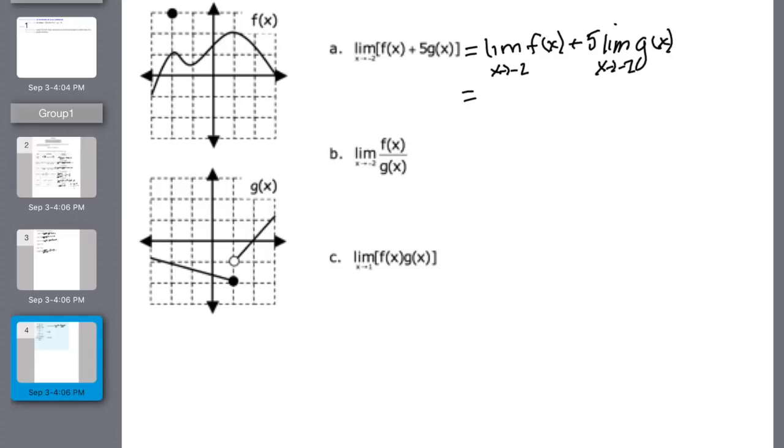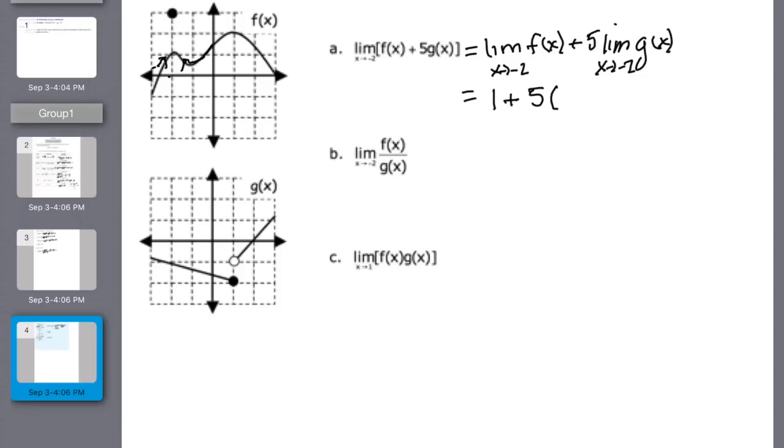Okay. So I'm looking at the graph of f(x). That's that top graph on your page. So as x approaches -2, right there, my y value is approaching 1. So I know that exists. Plus, that 5 is just a coefficient. So I'm going to pull it out. And then the g(x) is the second graph.